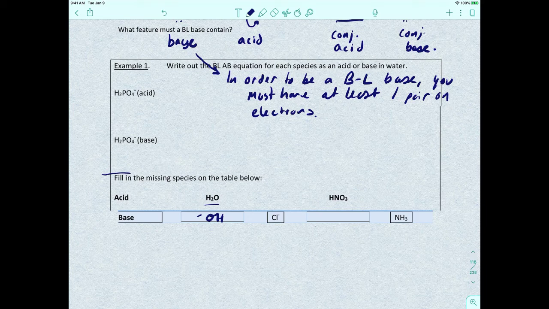If Cl minus is your base, then the protonated version, HCl, is going to be your acid. So that's the difference. If you got a base, protonate the base and you got the acid. If you got the acid, take a hydrogen away and there's your base. So if you got an acid like HNO3, the conjugate base would be NO3 minus. Or if you have NH3 as your base, the acid would be NH4 plus.